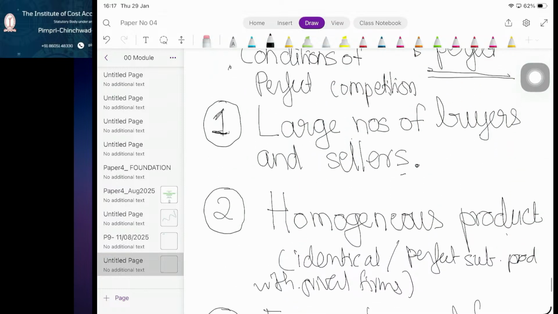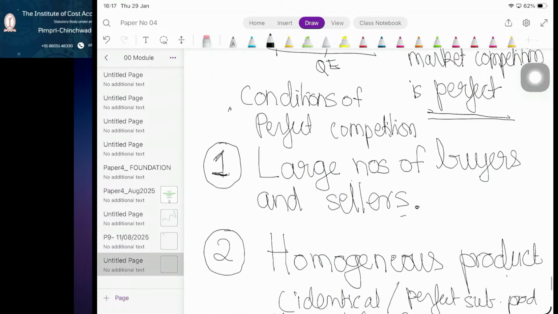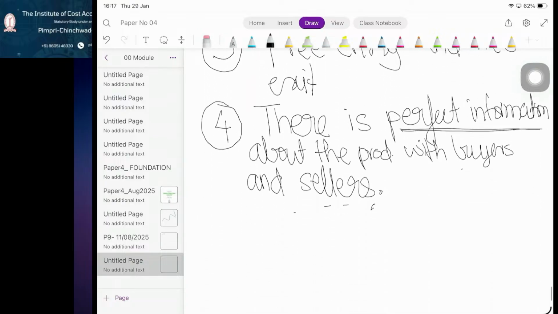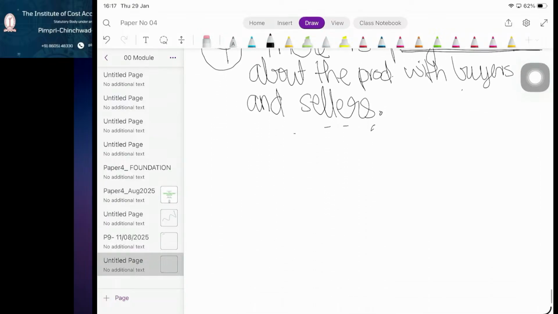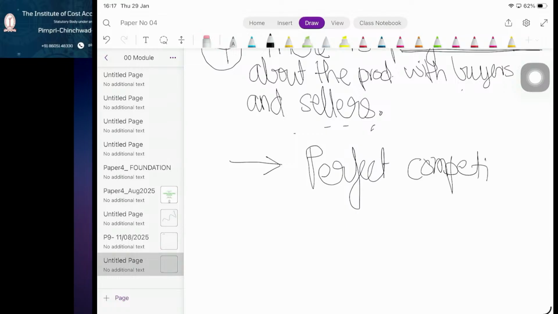So when all these four conditions are satisfied, we say that the market competition is perfect. The market structure is called perfect competition.